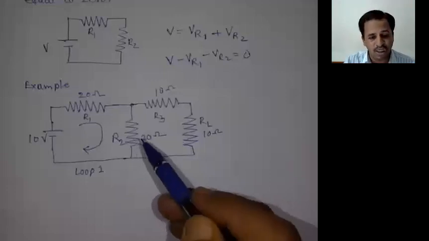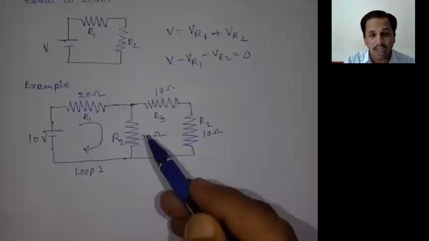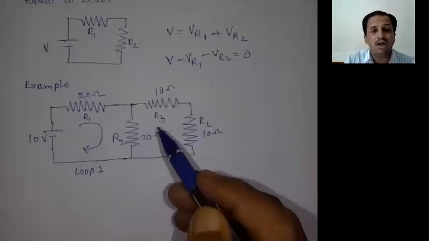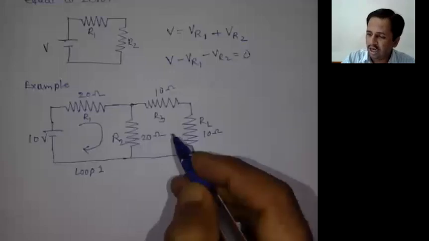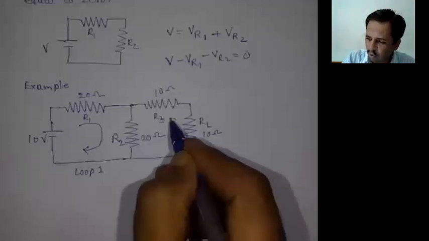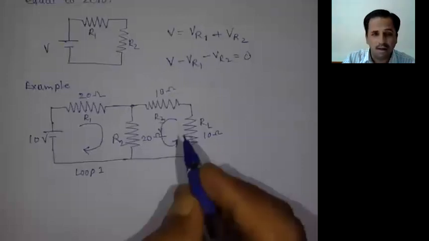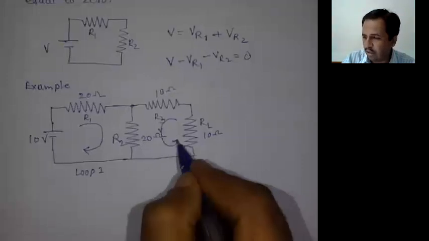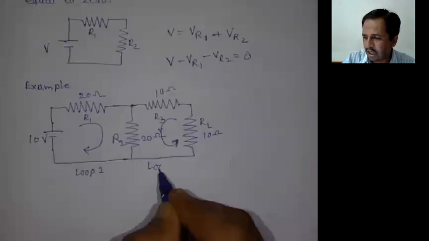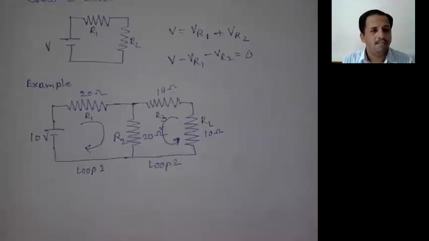If they are opposing each other, you have to write the negative sign, and if they are in the same direction, you write the positive sign. Now I take the positive sign, and therefore I simplify like this. The current flows through this, and the direction of current is represented like this. That is loop 2. I have to represent that condition.